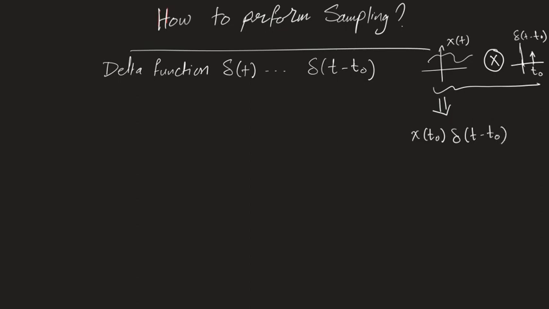So it's simply a delta function at the location where the delta was, at t naught, but scaled by the value of x of t at the location of the delta, t naught.